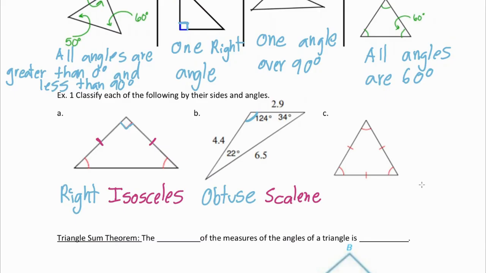So the third one, all angles are congruent, so we would call that equiangular. And we have that all of the sides are congruent, so we would call that equilateral as well. So equiangular, equilateral.